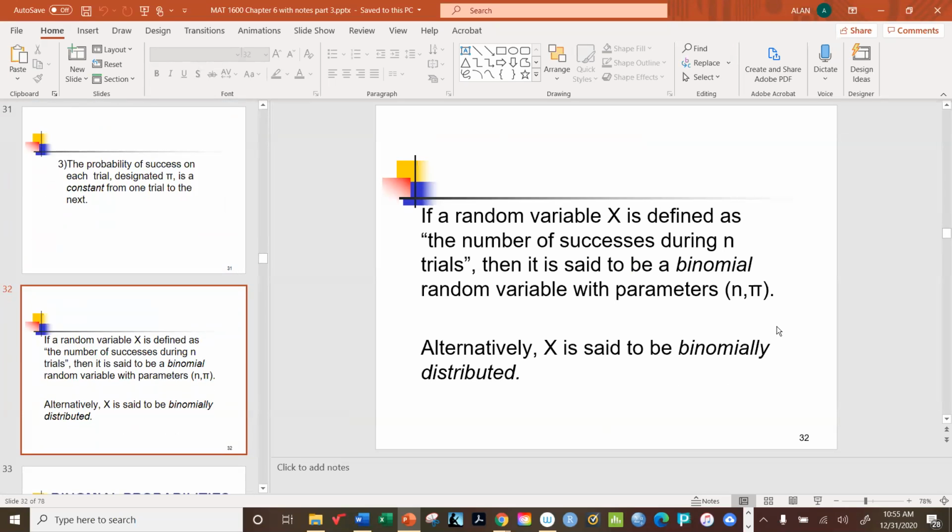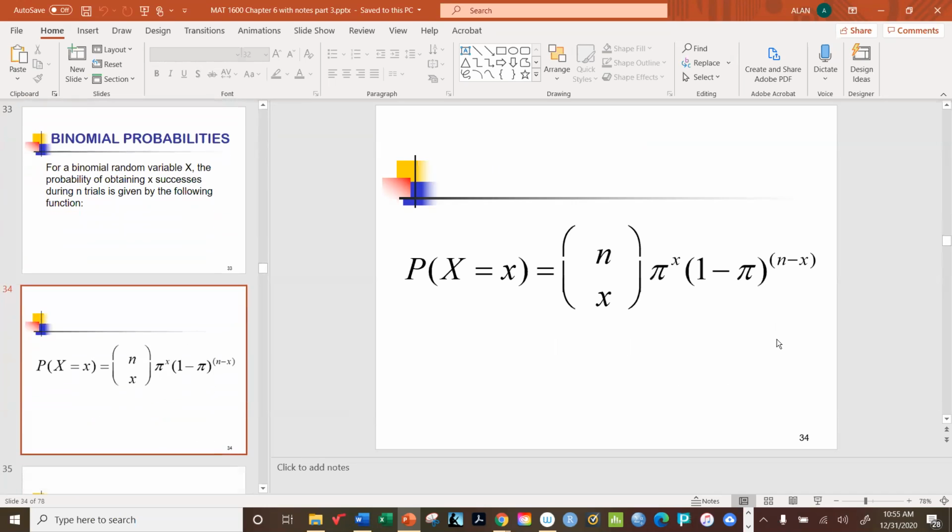With all that being said, we can calculate binomial probabilities with this formula, where you recall this piece here actually is a shorthand for the number of combinations that can be created by choosing X objects from N objects. So this term in parentheses represents combinations. The rest are pretty self-explanatory. The pi is the probability of success. 1 minus pi is the probability of failure. And again, which one we choose to be success and failure is completely arbitrary.